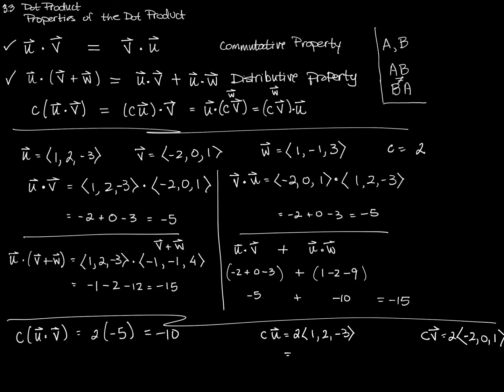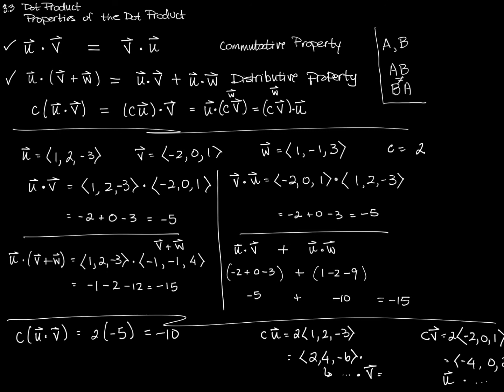So for c times u, I'm going to get 2, 4, negative 6. And c times v is negative 4, 0, 2. But now what I want to do is dot this one here with the vector v, and this one I'm going to dot with the vector u.